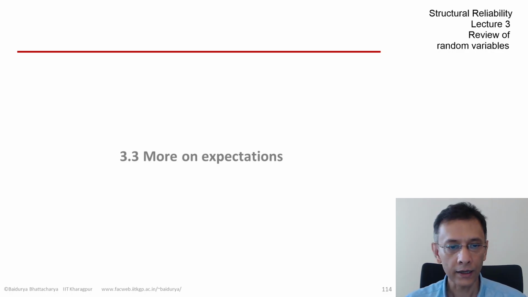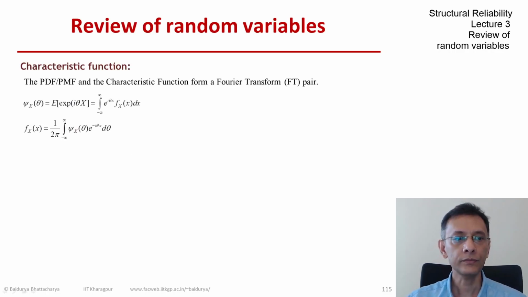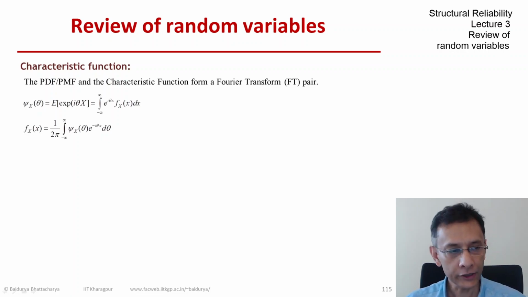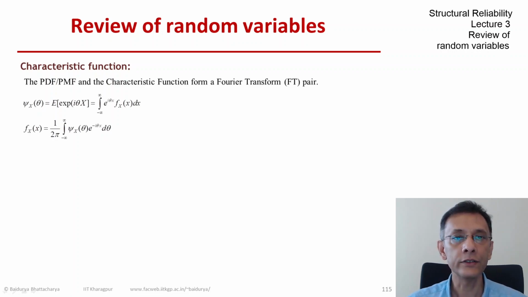So the characteristic function is a certain expectation of the random variable X, and actually it is the Fourier transform of the density, and the density is the inverse transform of the characteristic function.